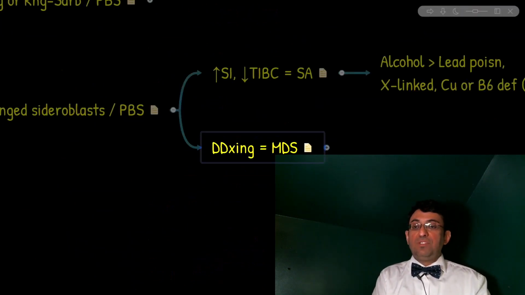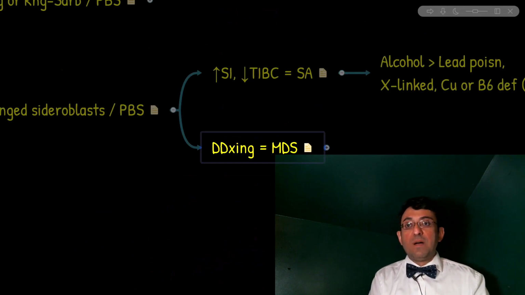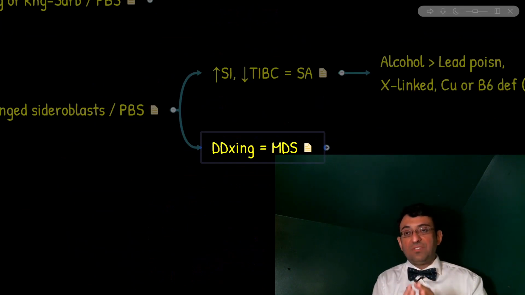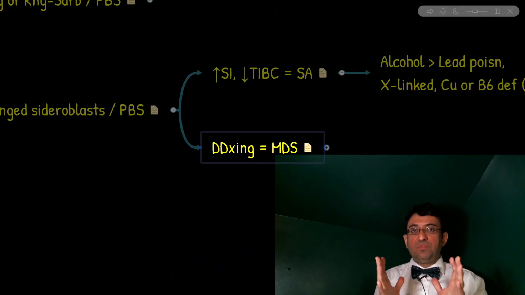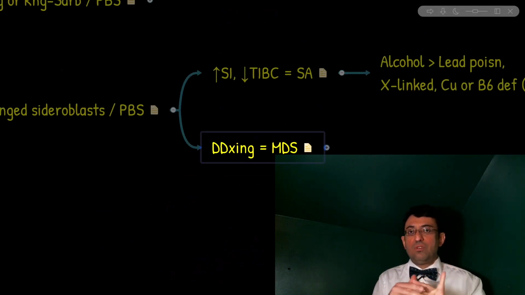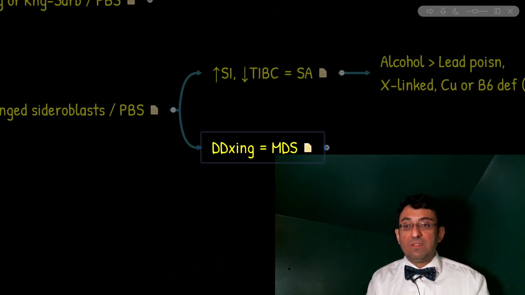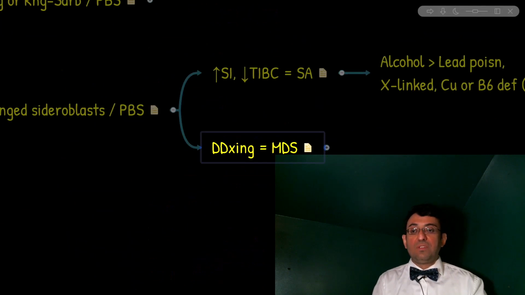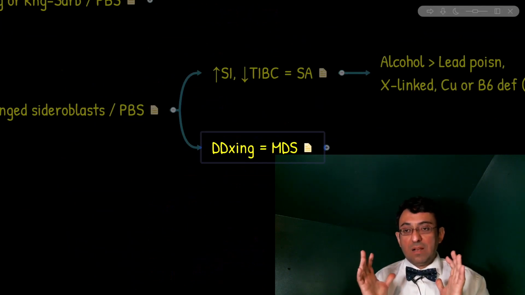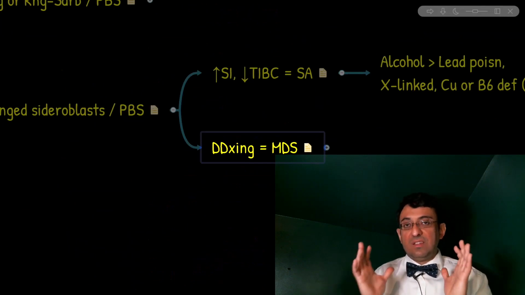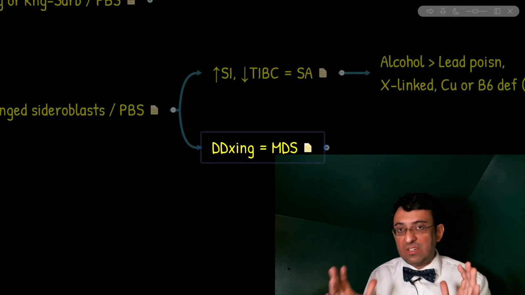Now, I have to finish this episode by talking a little bit about myelodysplastic syndromes, because every time, in every reference, we hear ring sideroblast or basophilic stippling, we immediately hear sideroblastic anemia, myelodysplastic syndrome, lead poisoning, the three top differential diagnoses of these findings in PBS and bone marrow. Now, please be careful. Myelodysplastic syndrome is not a differential diagnosis of microcytic anemia.